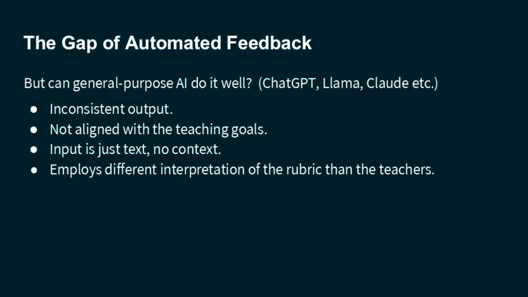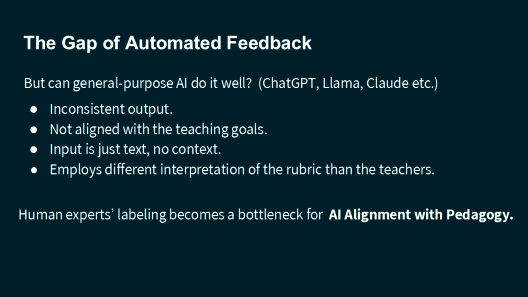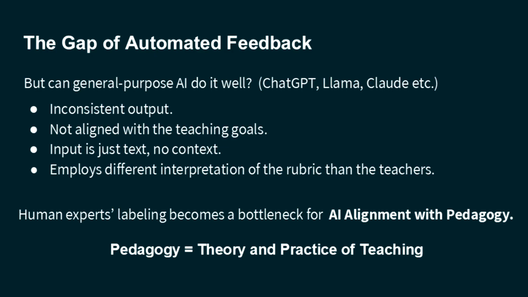And they interpret the scoring criteria, the rubric, differently from the teachers. So this makes the human experts labeling work, which is ground truth for these models, a bottleneck for AI alignment with education, with pedagogy, which is the theory and practice of teaching.